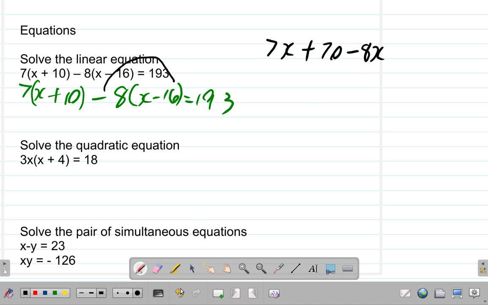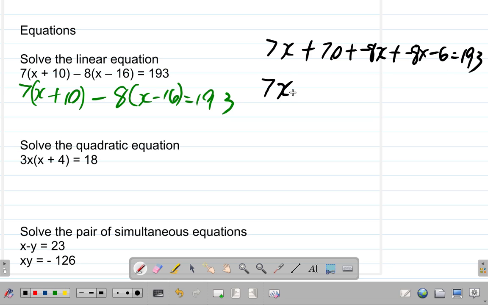Let me rewrite that part. Everything is really plus, and then you say minus 8x, minus 8 times x gives you plus negative 8x, right? Plus negative 8 times negative 16 equals 193.